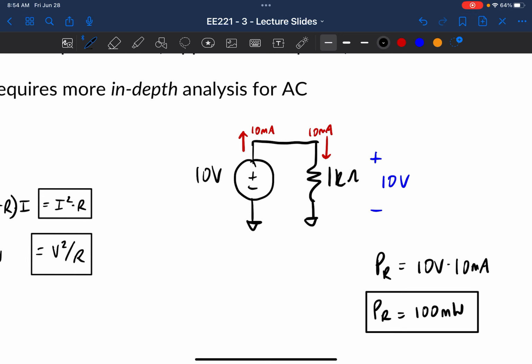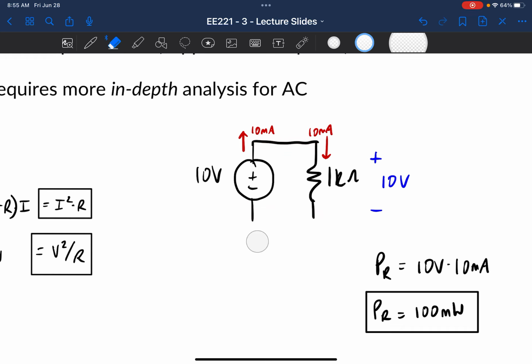For this particular example, we can see that the same current flows through the voltage source as flows through the resistor, 10 milliamps here. And we can also see that the same voltage, 10 volts, is across the voltage source as it is across the resistor, right? Because they're connected directly to one another. The voltage of the voltage source is being forced directly across this resistor.